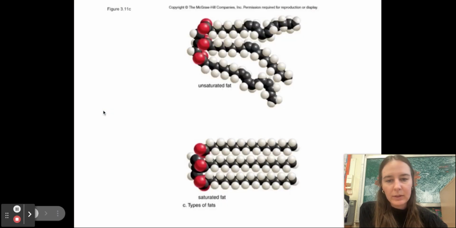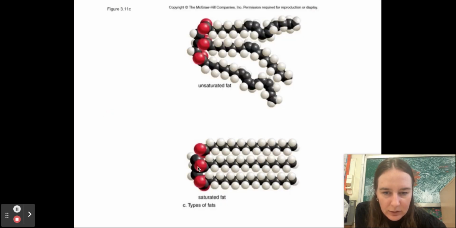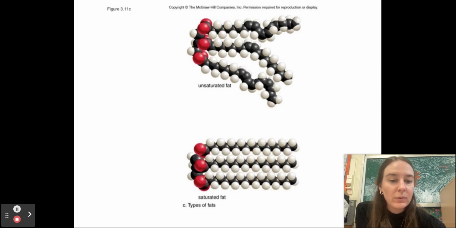And so we're going to look at what these molecules look like for real. So here's a saturated fat, here's our glycerol, and here's our fatty acid chains, so triglyceride. Here's also a triglyceride, but notice that they're a little bit bent. And so what does this mean for the fat? What does it mean for its structure and function?